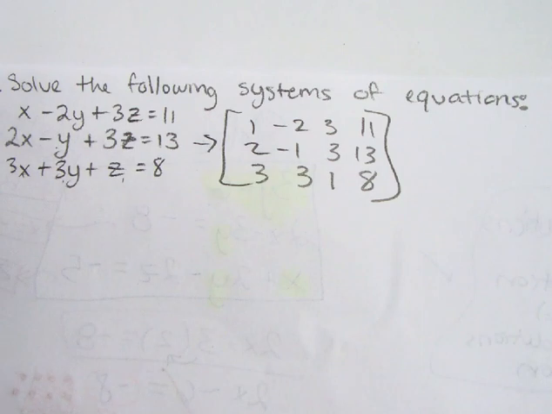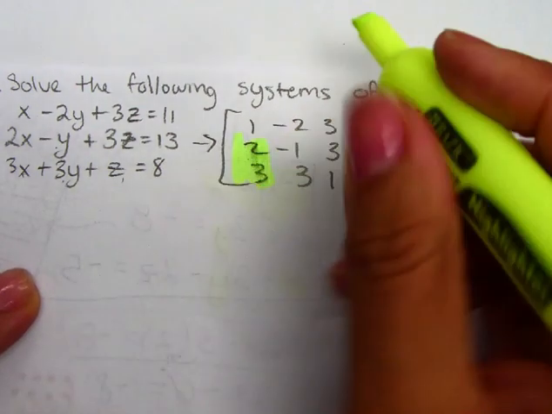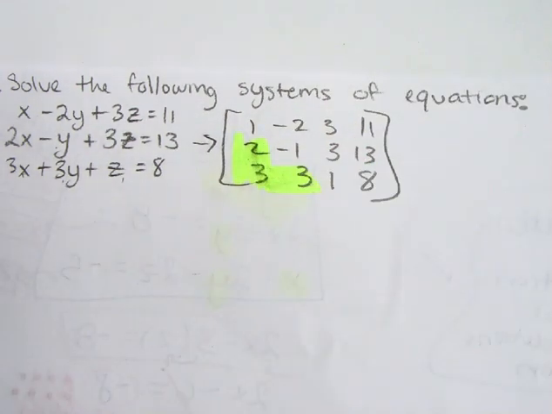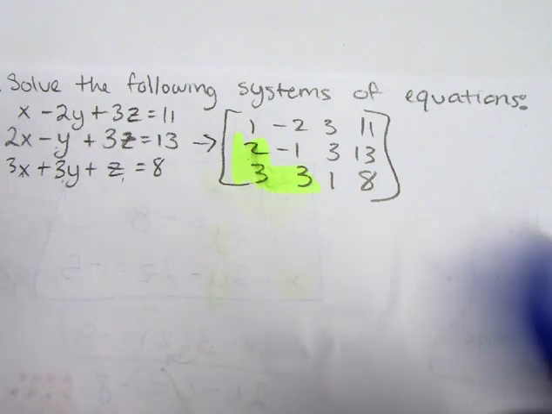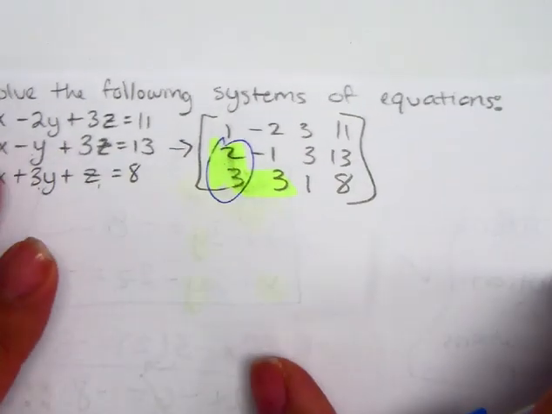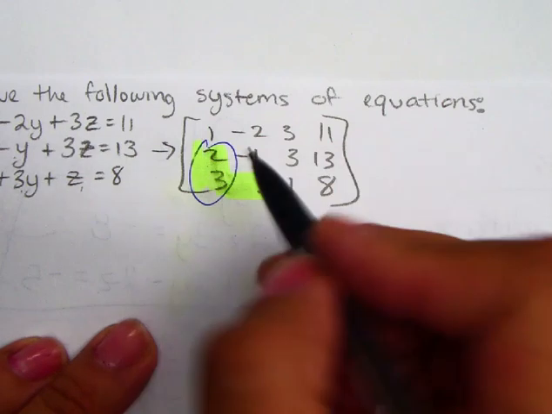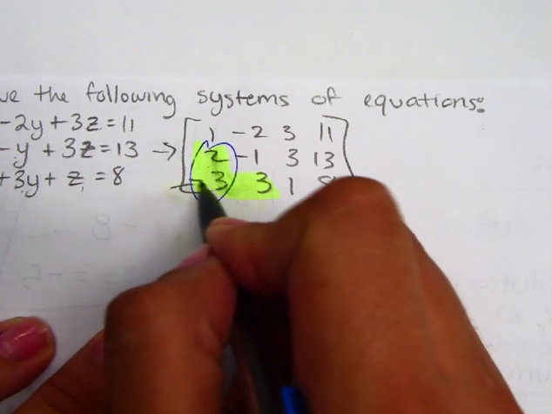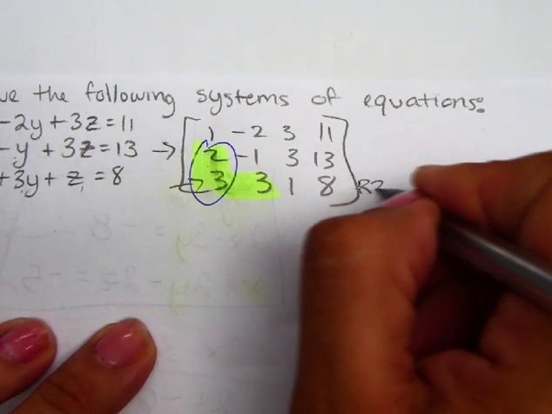And we are going to focus on converting these numbers into zeros, focusing first on converting these 2 into zeros. So you just gotta pick. I'm going to once again pick the last one, so row 3.